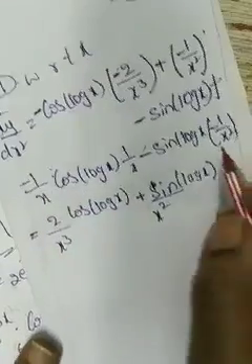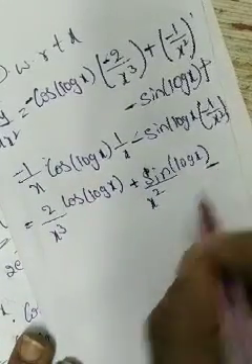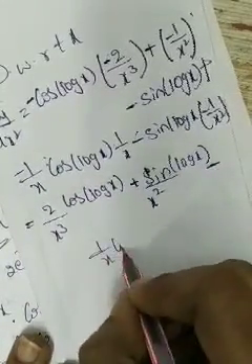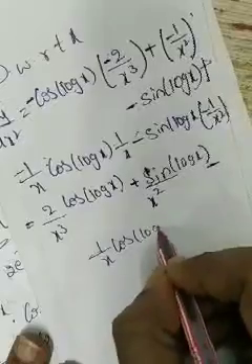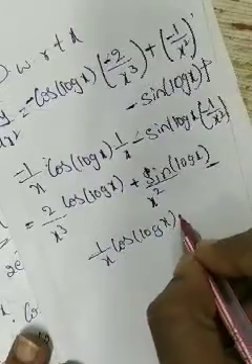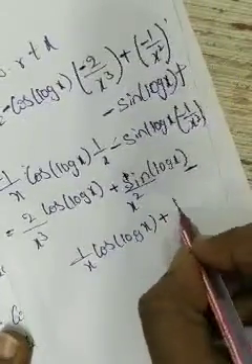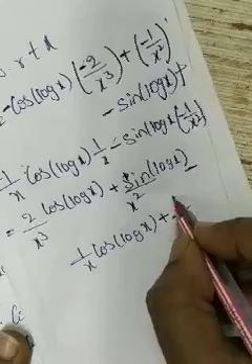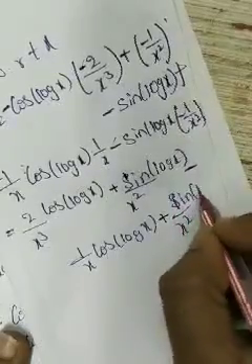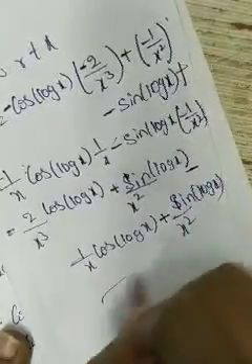Next, minus 1 by x into cos of log x plus 1 by x square into sine of log x.